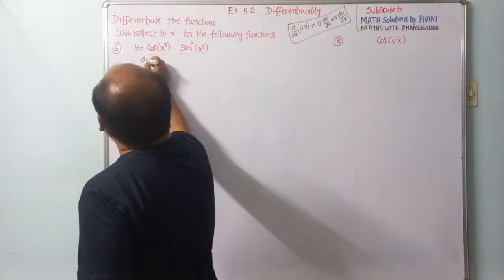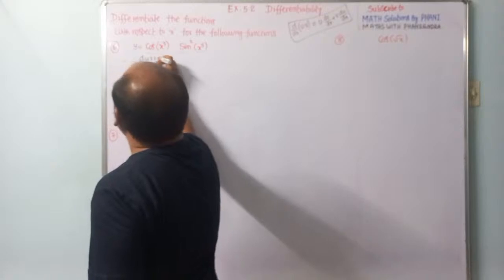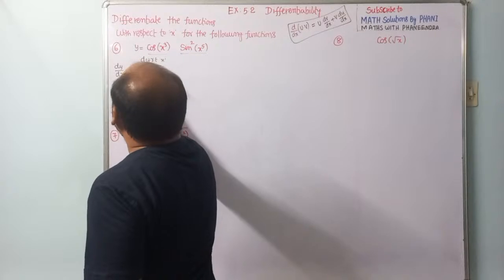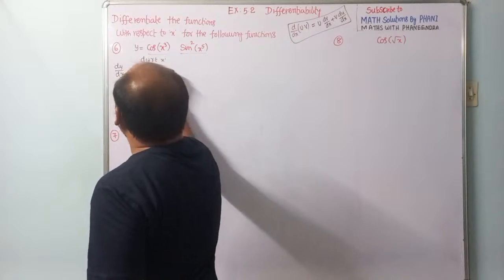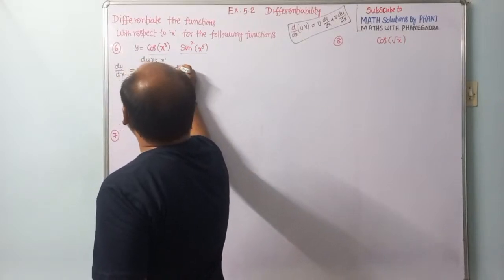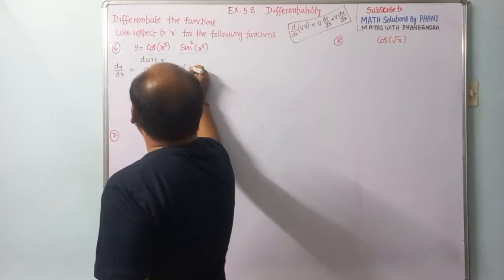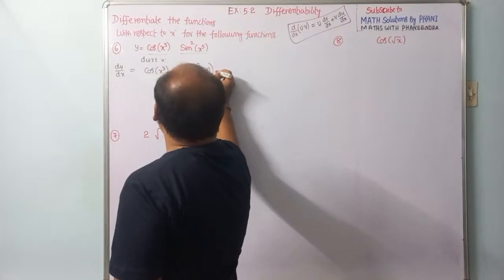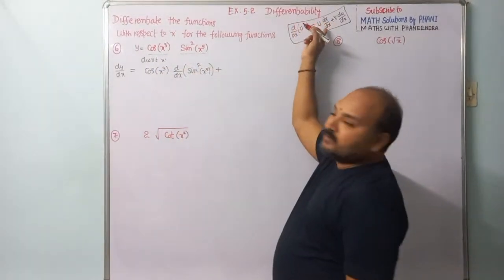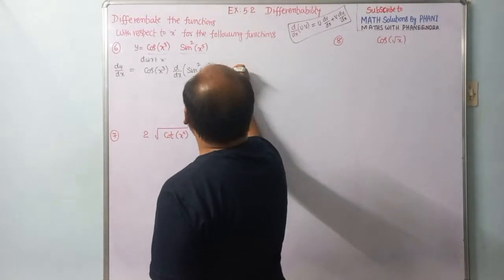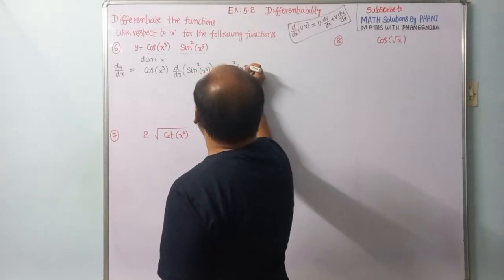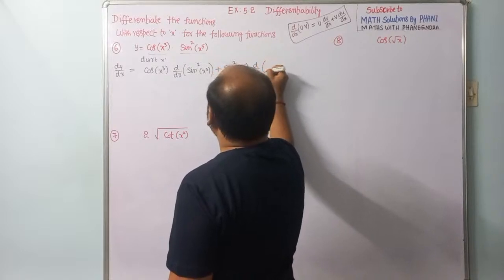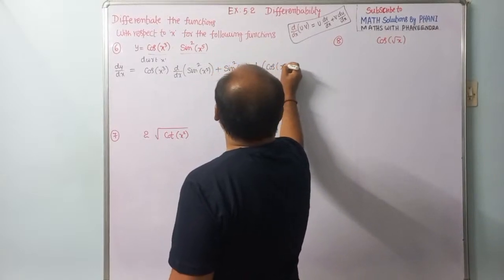So differentiate with respect to x. Y derivative is dy by dx, u into, that means cos of x cube into d by dx of sine square of x power 5, plus, again applying the formula, v into, that means sine square of x power 5 into d by dx of cos of x cube.